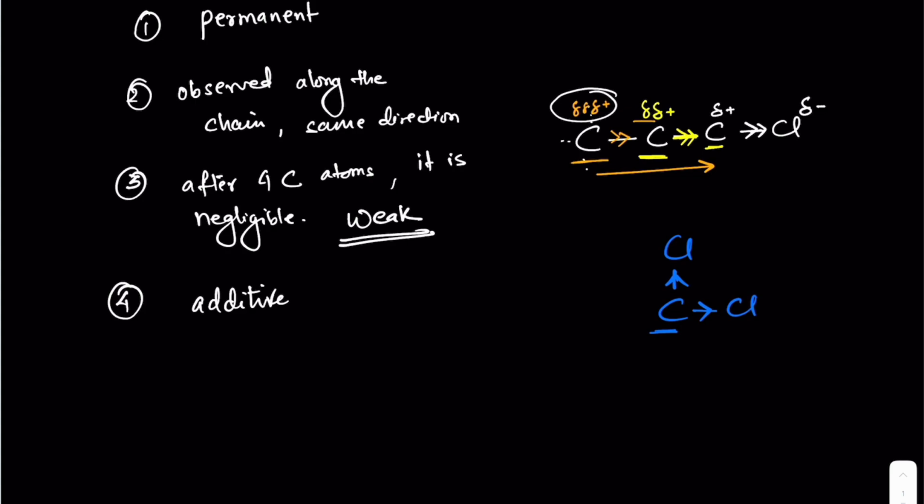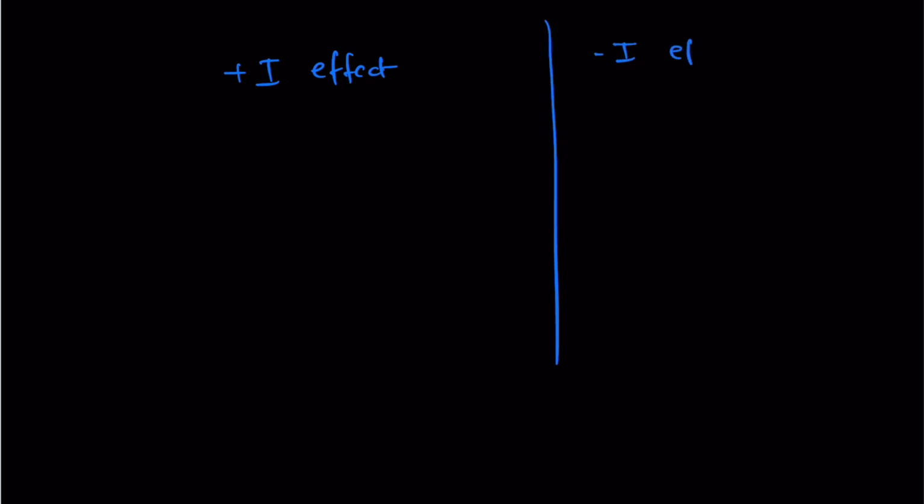Now, what are the types of inductive effect? Well, the groups that are attached to carbon can be either more electropositive or electronegative. Based on that, we classify inductive effect as plus I effect or minus I effect.